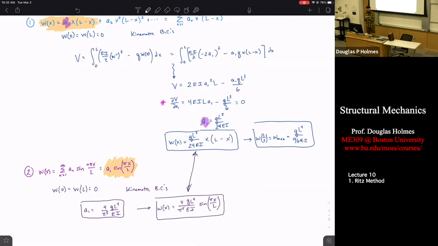A more direct comparison is to check what's happening at the max deflection. So at the max deflection, which is at L over 2, I'm going to approximate 4 over pi to the 5th so we get some sort of number to work with.